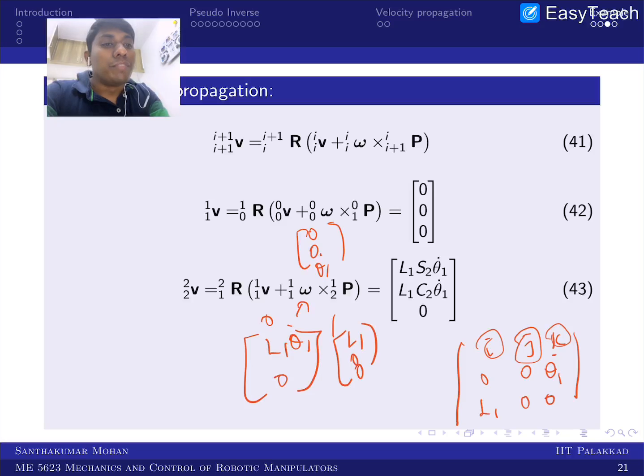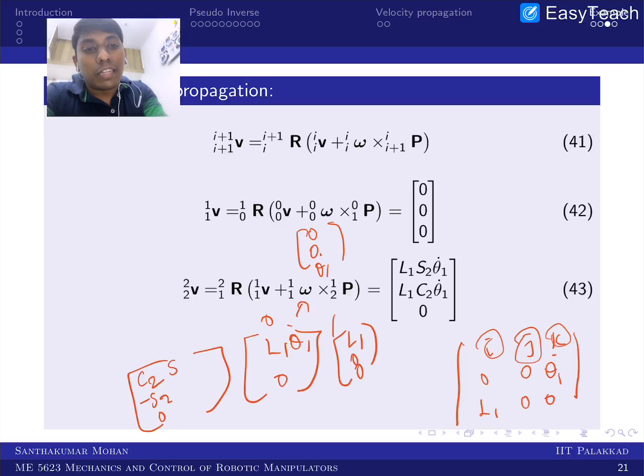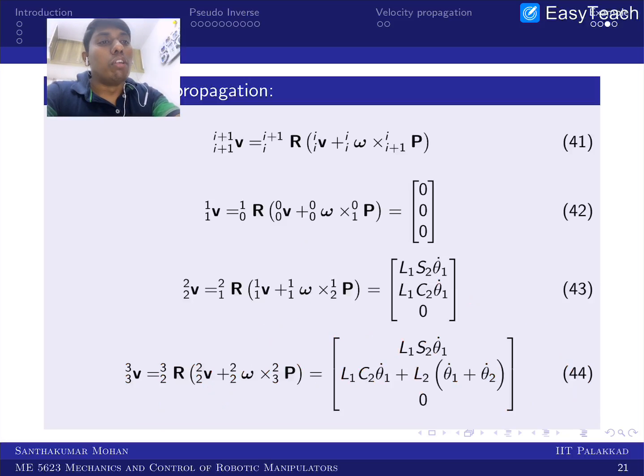Now the transformation matrix is C2, minus S2, 0, S2, C2, 0, 0, 0, 1. This is the transpose, which is the inverse matrix, and then you multiply. This gives S2 L1 theta 1 dot, and the second element would be C2 L1 theta 1 dot. That is what we obtain, and we will go a little forward.